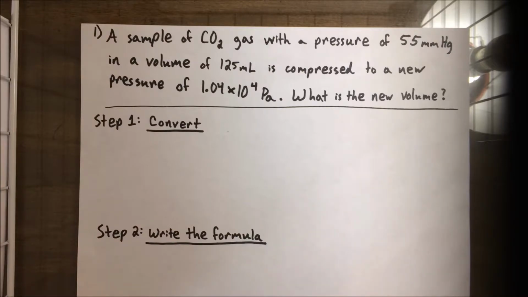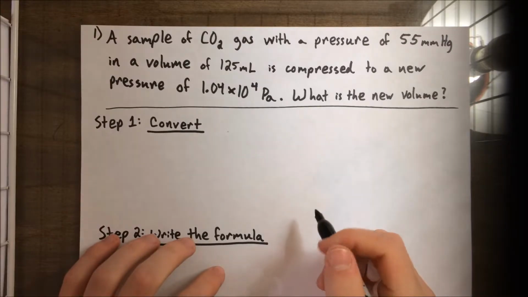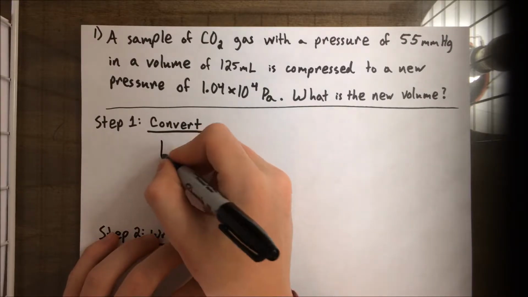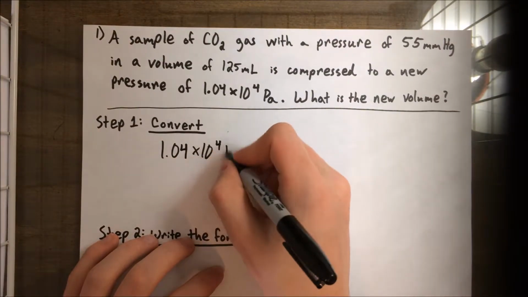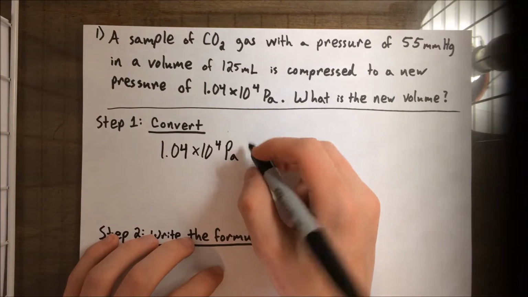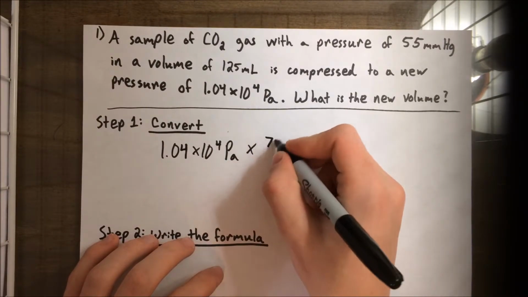So step one is to convert to have the right units of measure. So we need to convert 1.04 times 10 to the fourth pascals to millimeters of mercury.